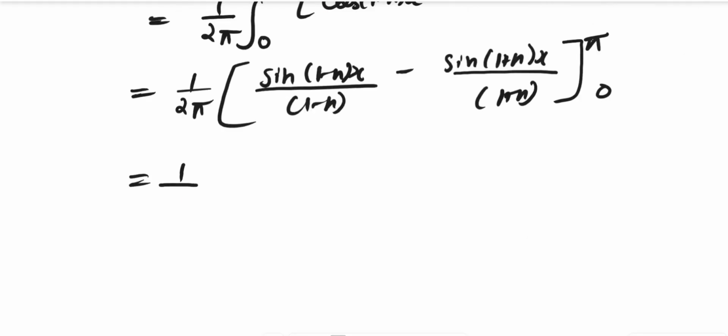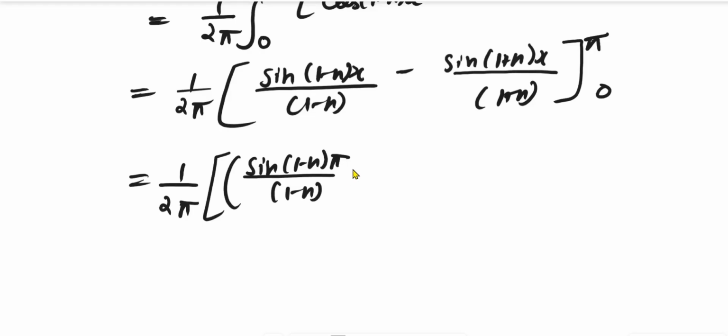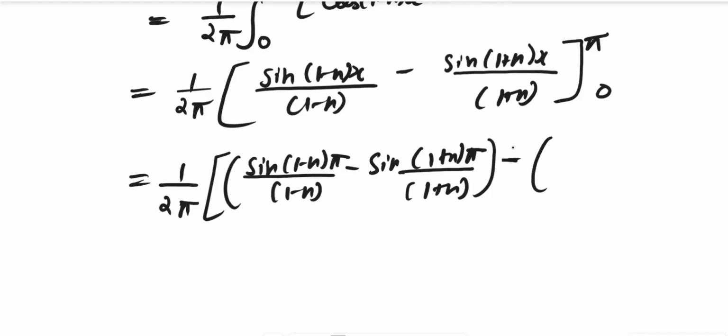Now put the limit. It is 1 upon 2 pi. For upper limit, sine (1 minus n) pi divided by (1 minus n) minus sine (1 plus n) pi divided by (1 plus n), minus put the lower limit, sine 0 divided by (1 minus n) minus sine 0 divided by (1 plus n).